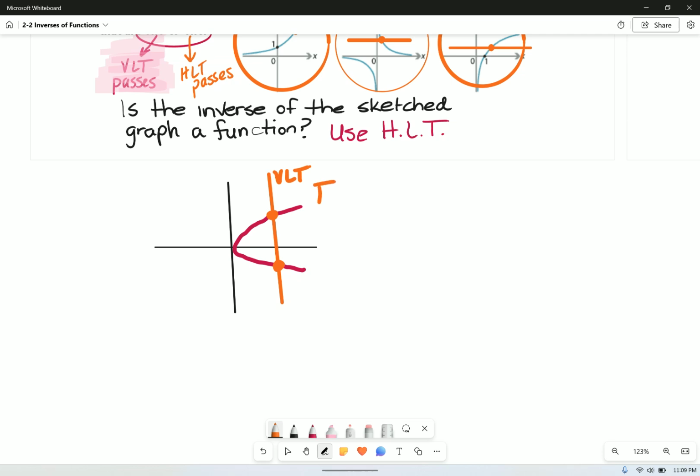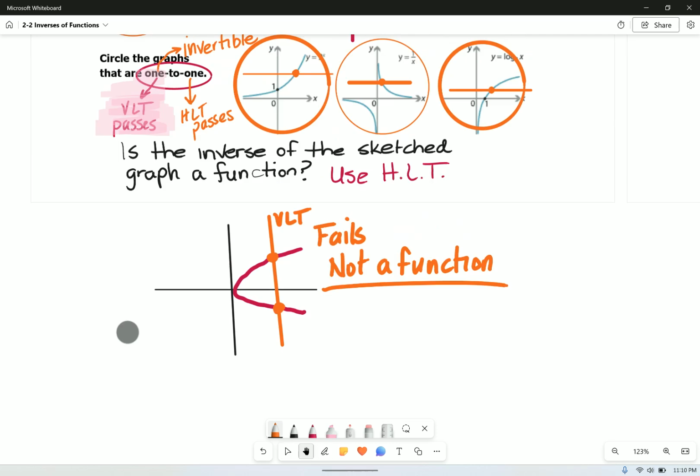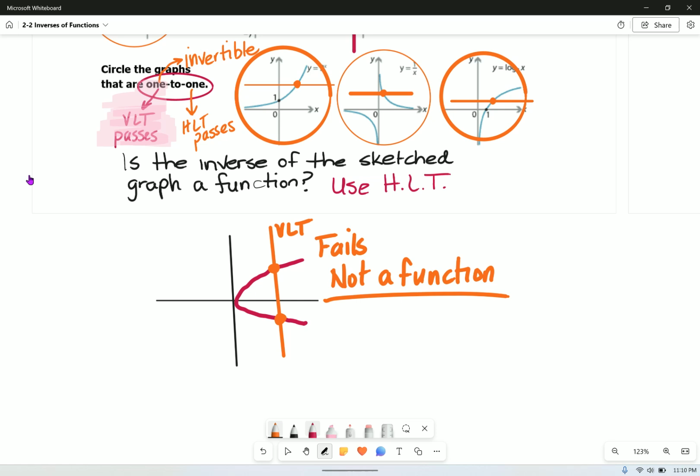So the VLT fails, and so you stop. Okay, it's not a function. So you don't even test for one-to-one, because one-to-one means it has to pass the first time. All right, so vertical line test: is a graph a function. Horizontal line test: to see if the graph's inverse is a function.